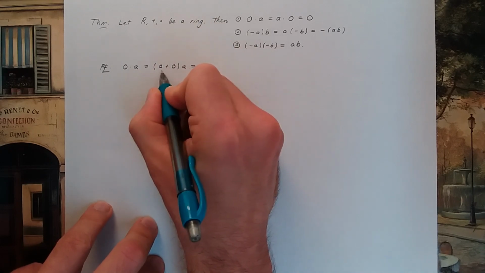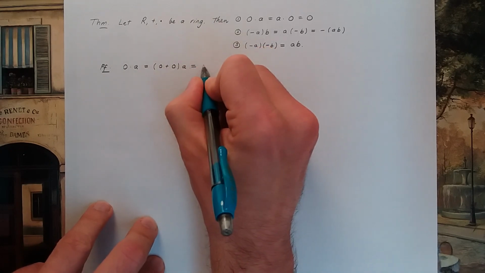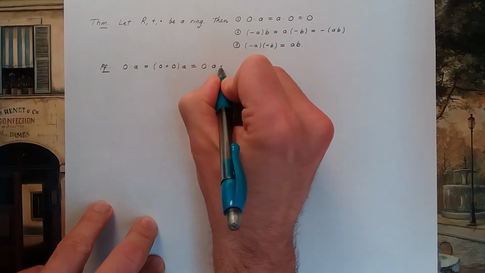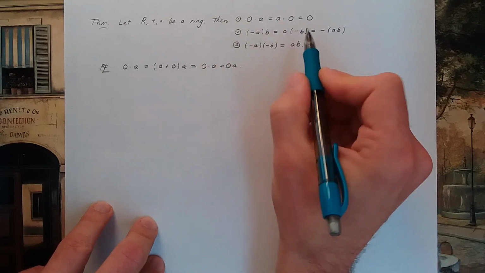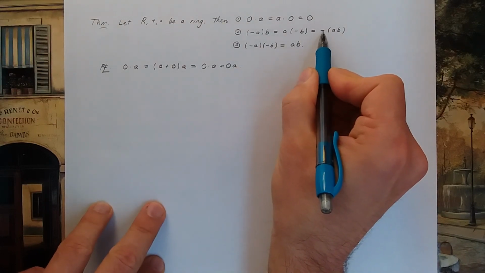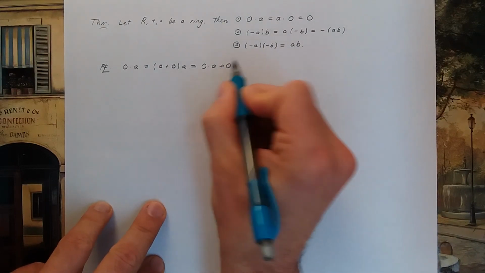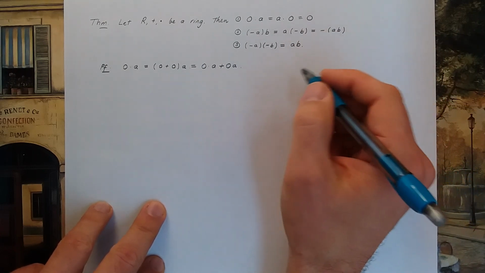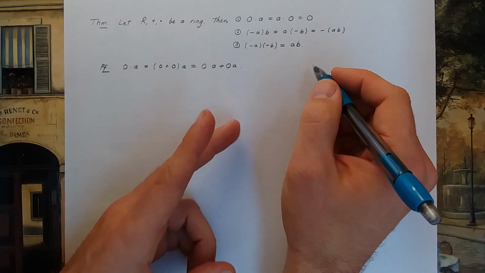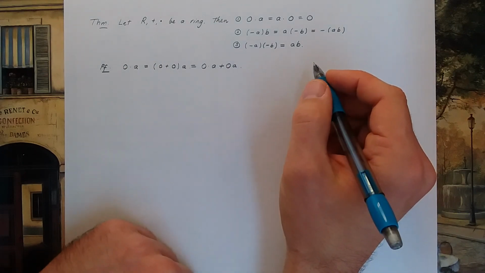Using the distributive law that's in the definition of ring, this is 0 times A plus 0 times A. Now, additive inverses exist. I could subtract. Subtraction is legal in a ring. So in a ring, intuitively, you can add, subtract, and multiply, but maybe not divide.